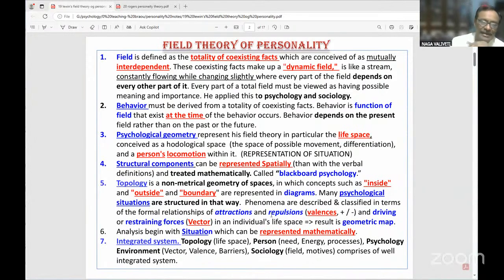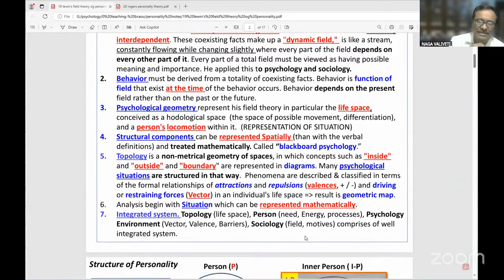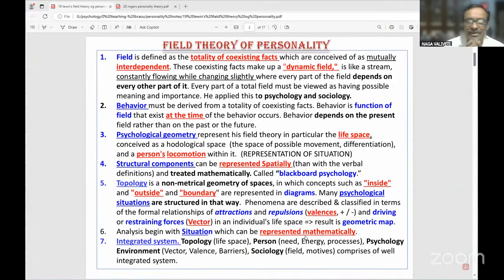While telling about behavior, he says that behavior is fundamentally analyzed and understood from the present moment. What is the present moment? It is what factors are in his mind: what cognitive elements, what behavioral tasks, what emotional elements, what positive and negative attributes there are at that particular point of time.